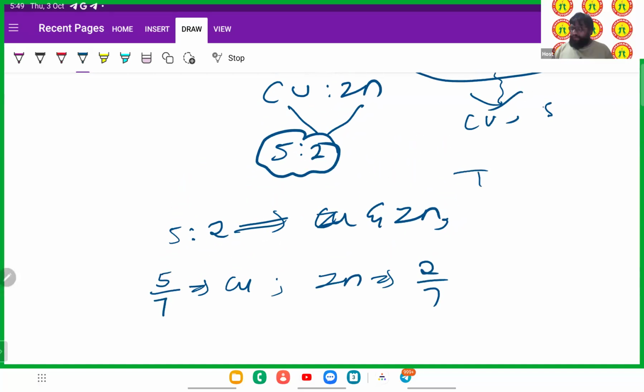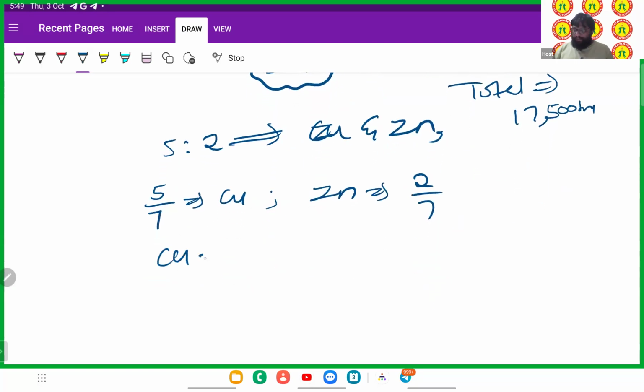And the total mixture of alloy weighs how many grams? 17,500 grams. So copper is 5 parts in a total of 7 parts, so 5 by 7 into 17,500.